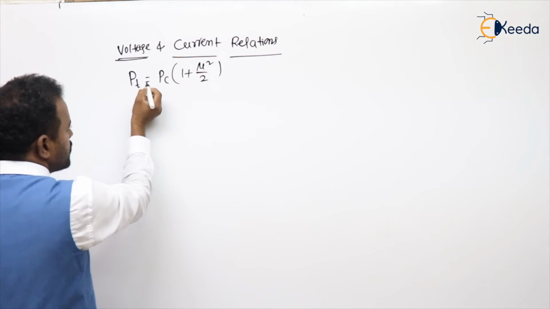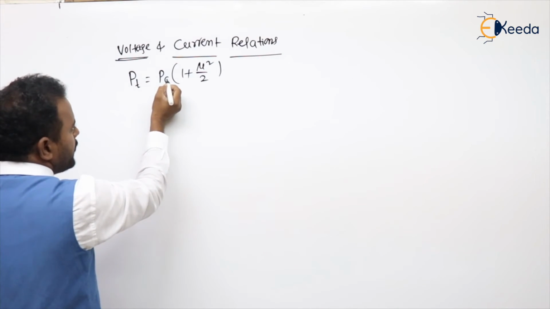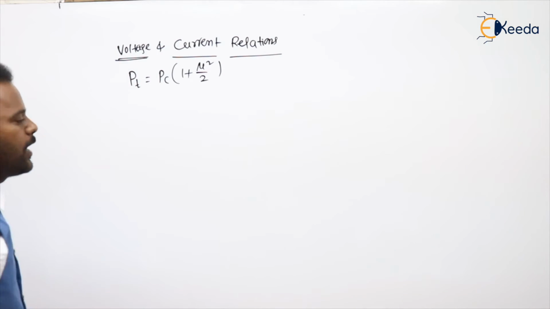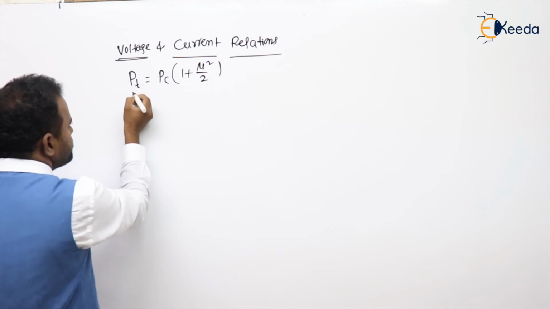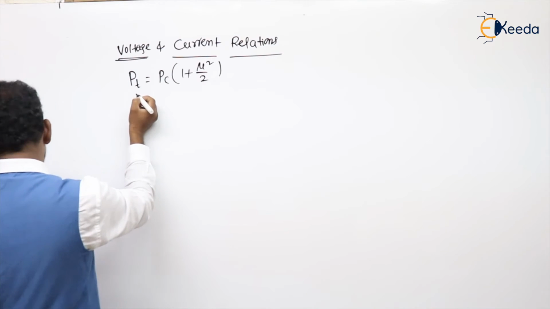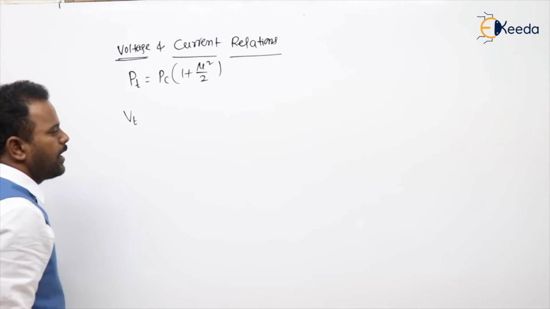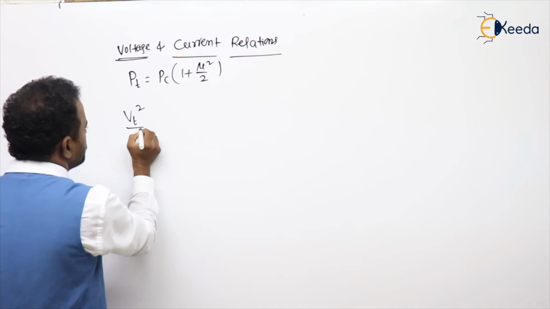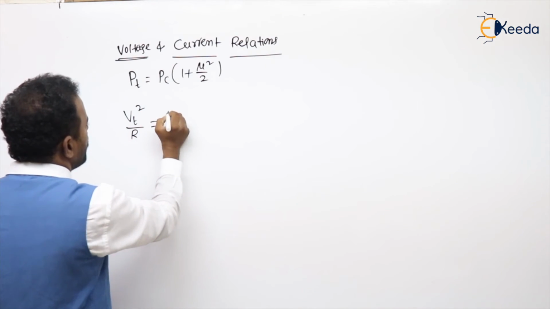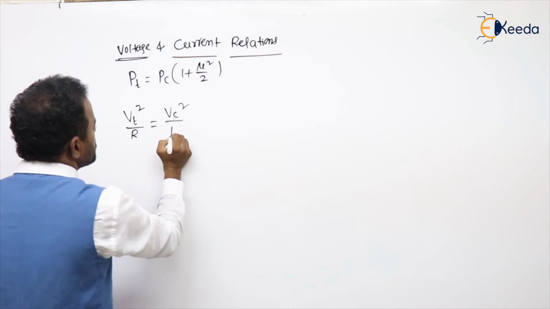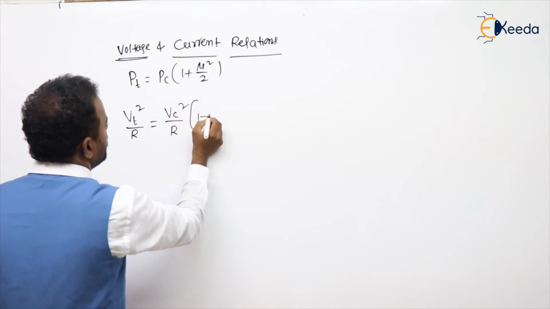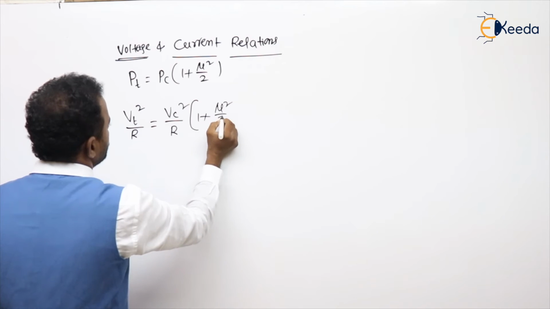So total power PT equal to Pc into 1 plus mu square by 2, which I already know. I am writing this in terms of voltage: Vt square by R equals Vc square by R into 1 plus mu square by 2.